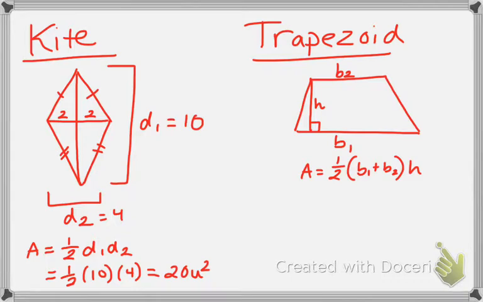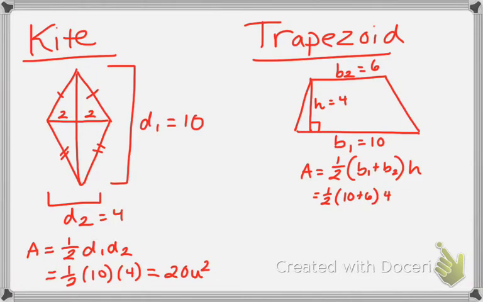So if I were to say that base 1 was, let's make it 10, base 2 was 6, my height is 4. Then when I plug that in, I would be doing 10 plus 6 times 4 times 1/2.